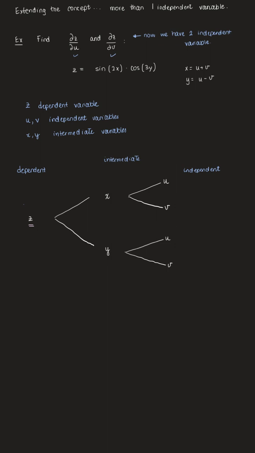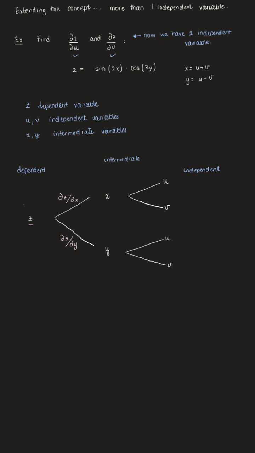The change that results in z comes from a change in x and a change in y, each driven by u and v. And so this must be a partial derivative of z with respect to x, and this must be a partial of z with respect to y, because we have two branches going into z, contributing to a change in z.